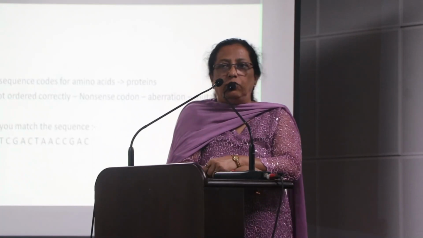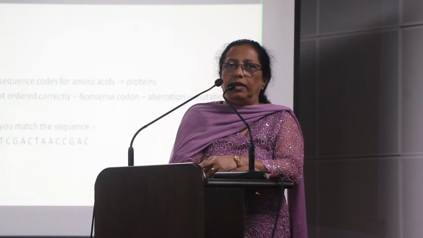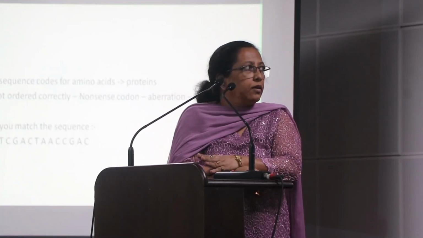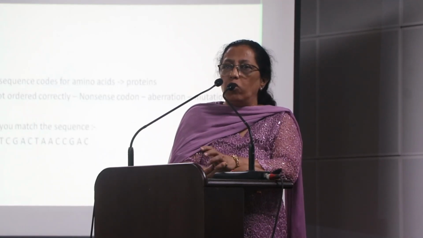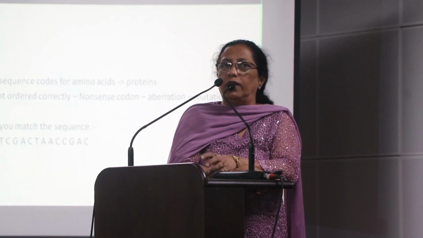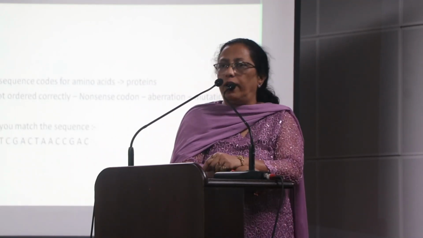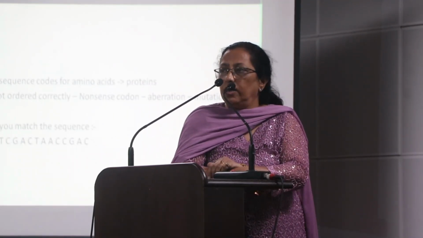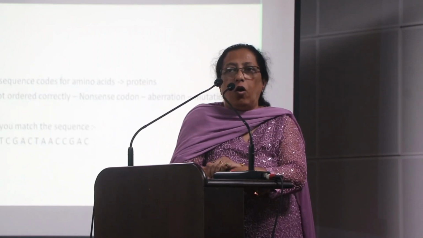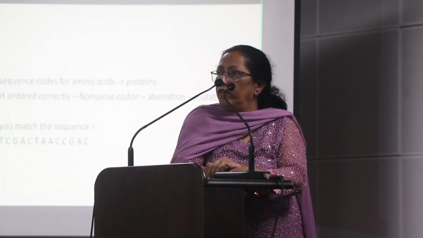So as I told you, if the sequence is not correctly made, then a portion of that DNA is known as nonsense codon, and that leads to the mutations which we have nowadays, usually in influenza virus or in the COVID viruses.